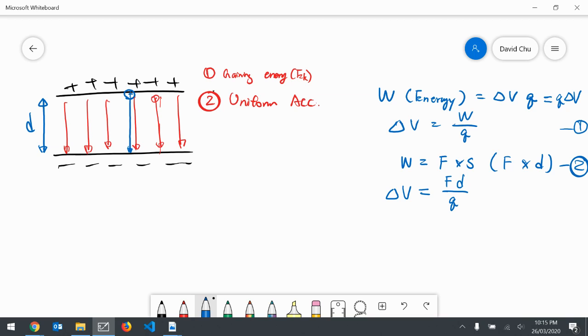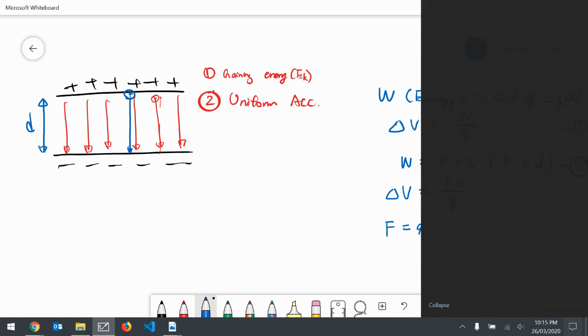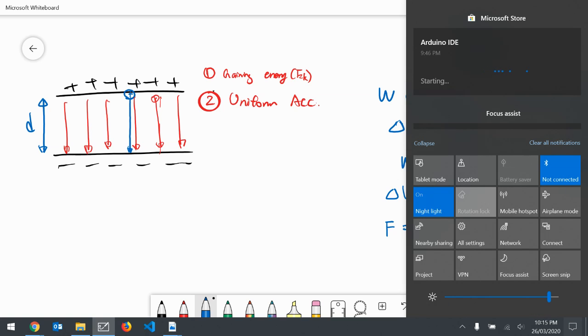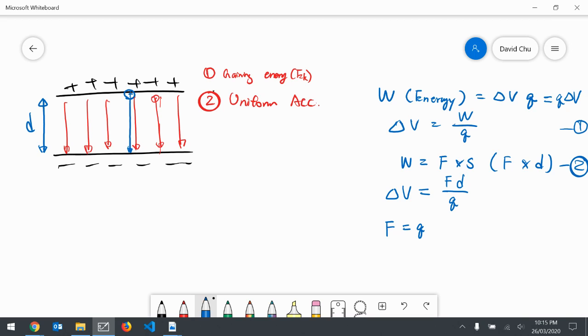Now, finally, we also recall from the previous chapter that F equals Q, which is my charge, times my electrical field.